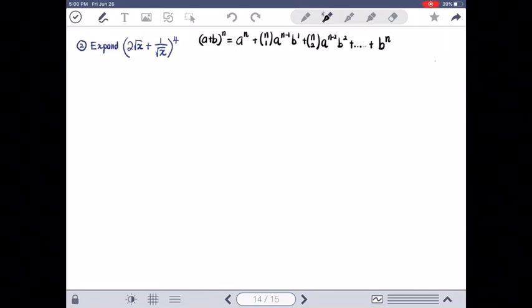So in this case, our a is 2 times the square root of x.